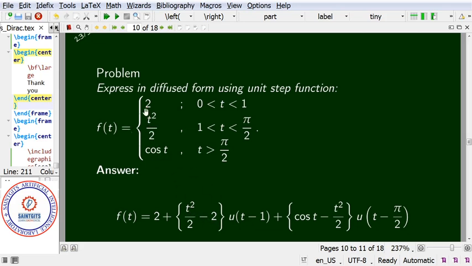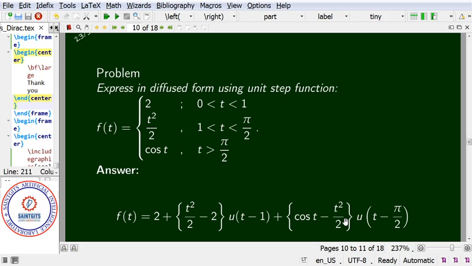I repeat, start with the base definition, that is 2, plus the difference of responses t square by 2 minus 2 into u of t minus 1, plus the next difference cos t minus t square by 2 into u of t minus pi by 2. That's all.